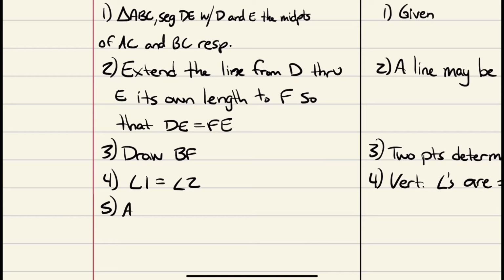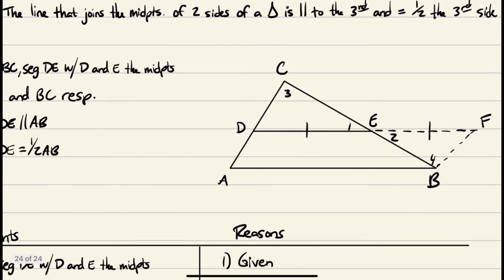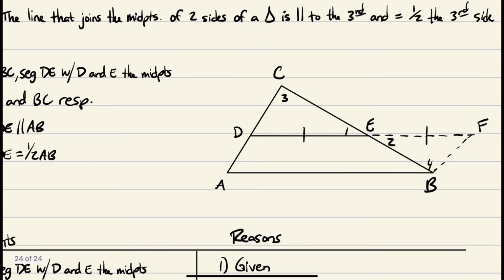Number 5. I can say AD equals DC, and I can say that BE equals CE. All right, let's look at our picture. I just stated that AD right here equals DC, and I've stated that BE equals CE.